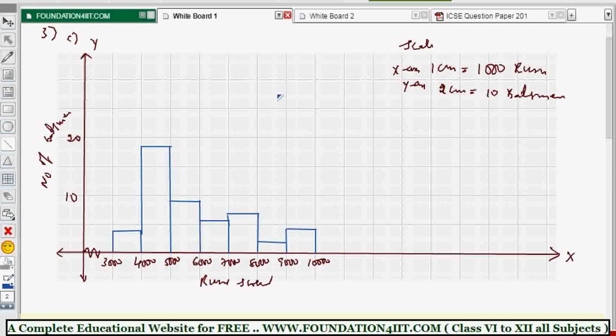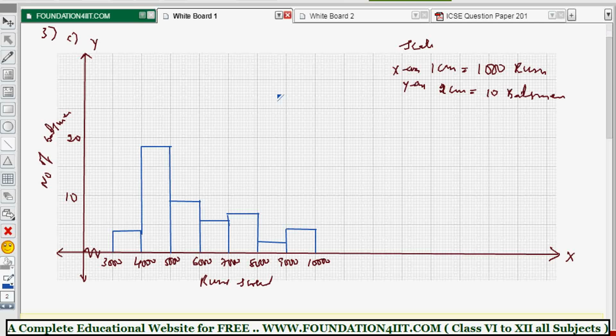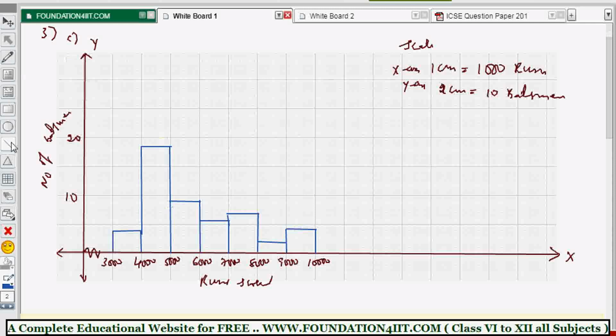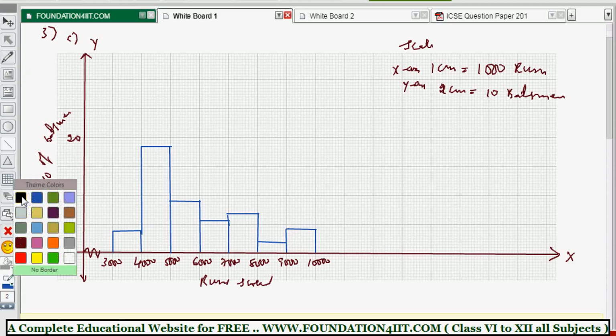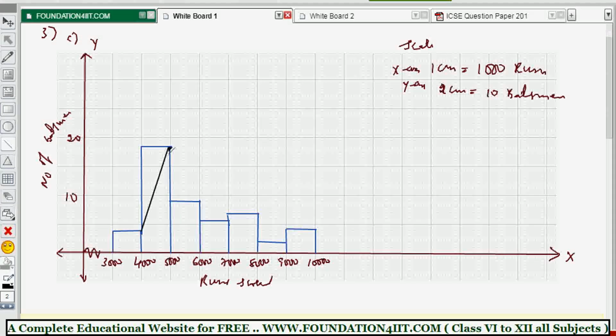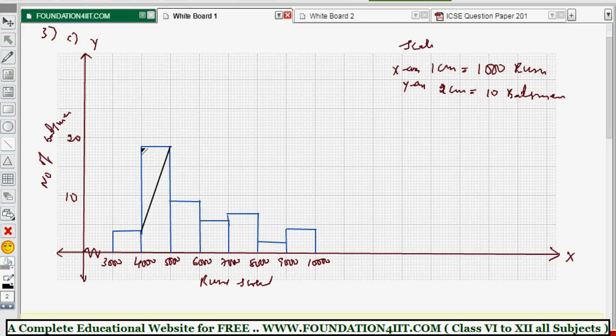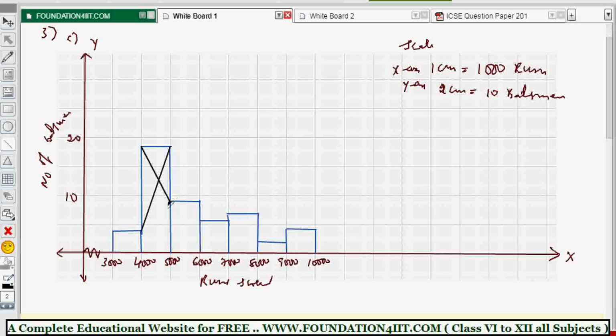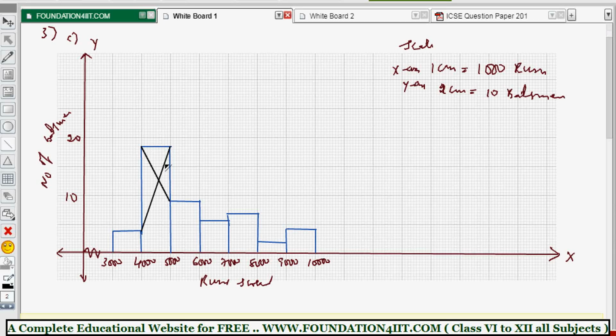Now see how to estimate the mode. Whatever is the highest one. If you observe, 4000 to 5000 is highest. So from the highest bar, join the highest point to the previous bar's top, and the next bar's top to the highest bar's other top corner.